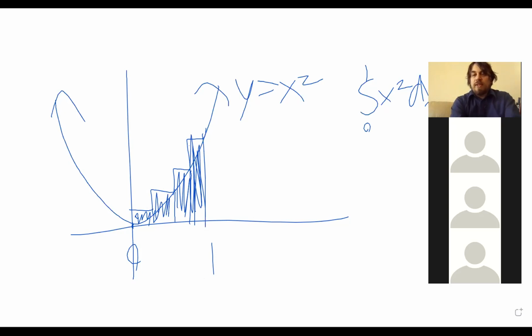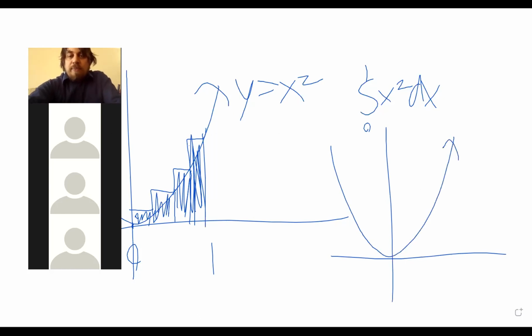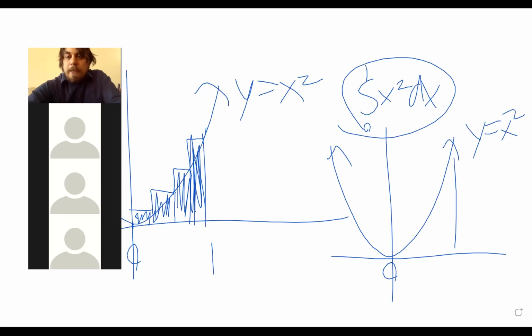And if you take more rectangles, applying the same technique, you still want to calculate this definite integral from 0 to 1, but instead of 4 approximating rectangles, you use 8.